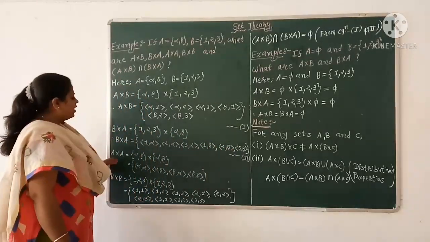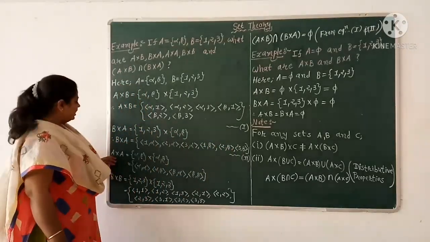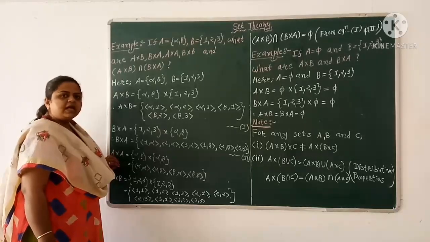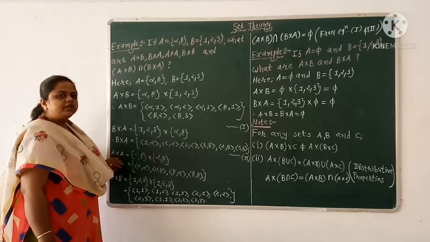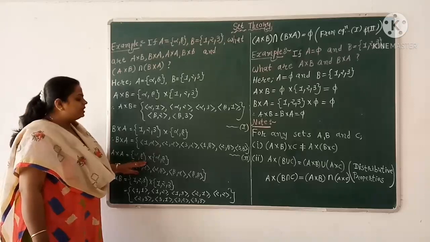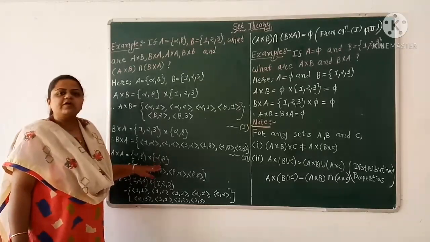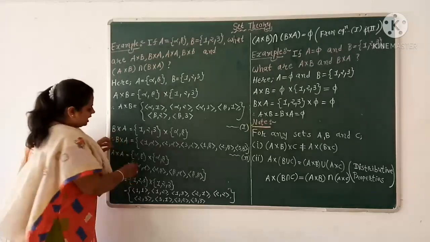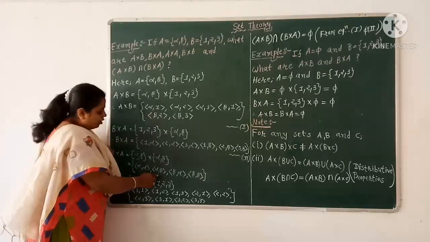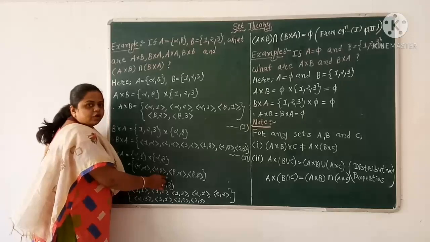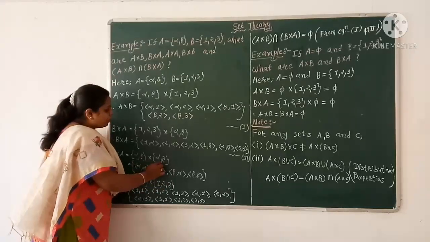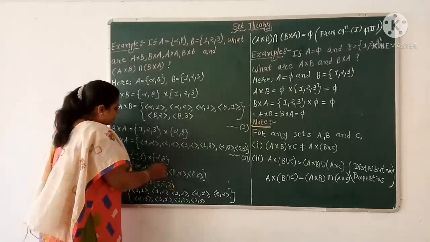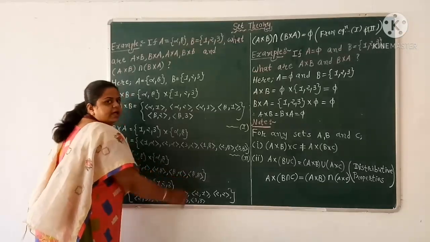Now A cross A is equal to A cross A, where A is {alpha, beta}. So A cross A is equal to {alpha, beta} cross {alpha, beta}, which is equal to the set of ordered pairs (alpha, alpha), (alpha, beta), (beta, alpha), (beta, beta).